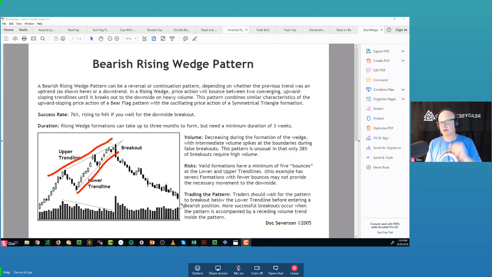Now, let me share with you just a little bit that I've found on these rising wedge patterns, because I've been watching these things for years. And what happens is you get something happening like this. You know, up and down, up and down. And then just when everybody has got these things completely and totally figured out, what do you think happens?